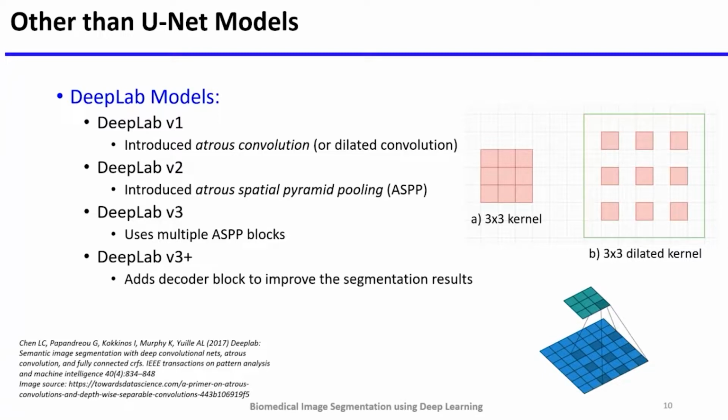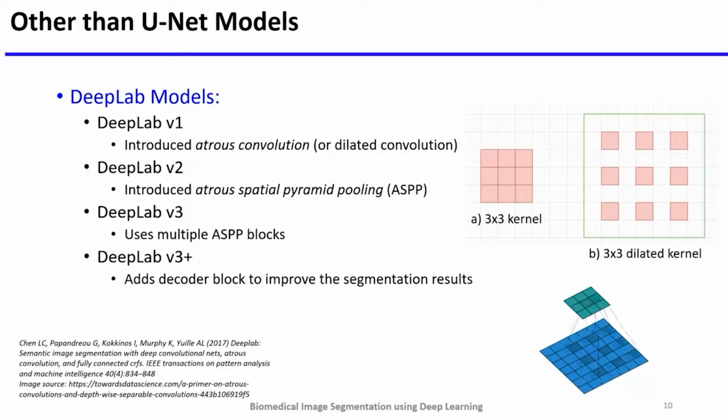For example, as shown in this figure, A is a 3x3 standard kernel without dilation and B is a dilated kernel of size 3x3, having zero padding around the pixel weights. You can also observe in the below animation how this filter extracts the desired features with wider receptive field.